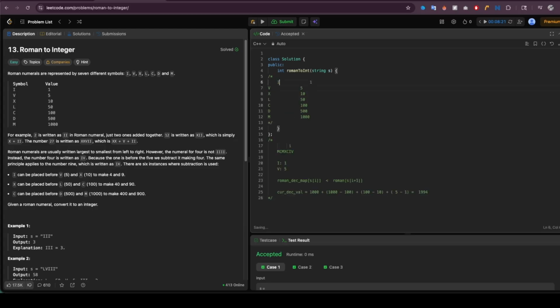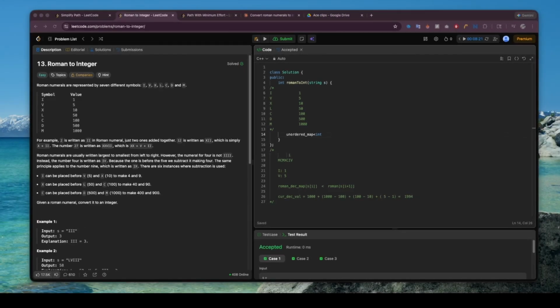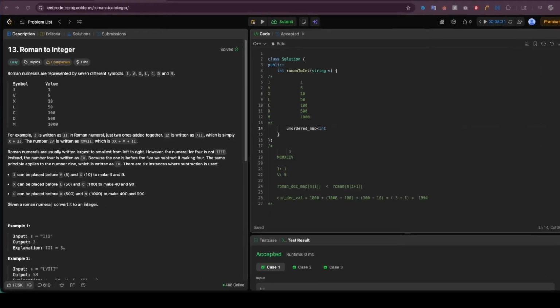We're going to need a key value data structure to store this table, so I'm going to use a map with character keys. For the value I'm going to use integer.